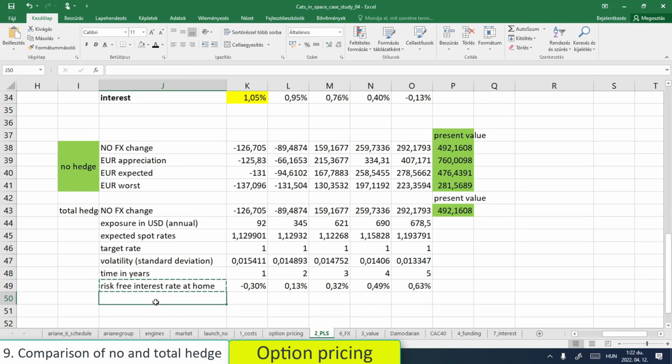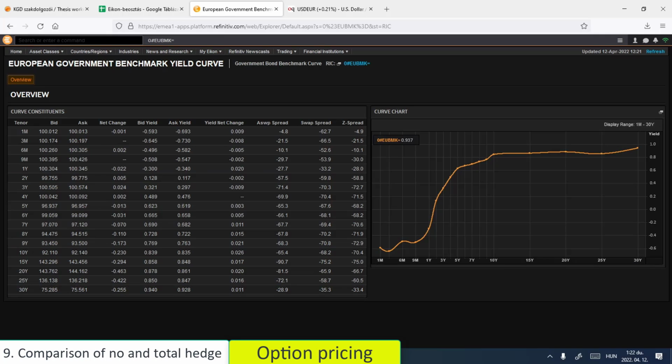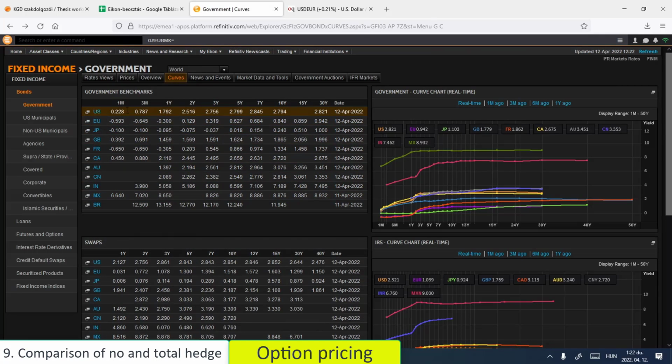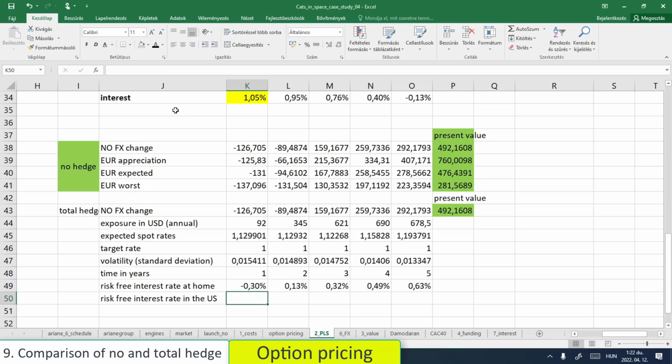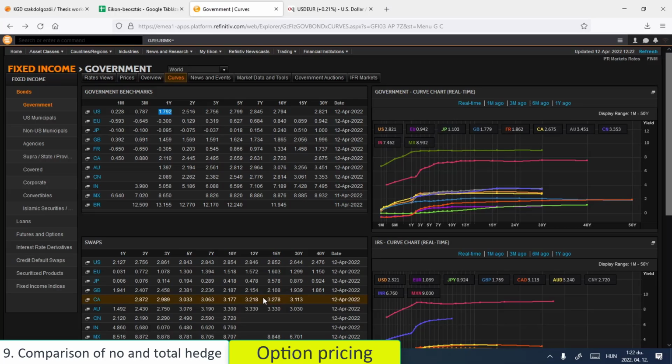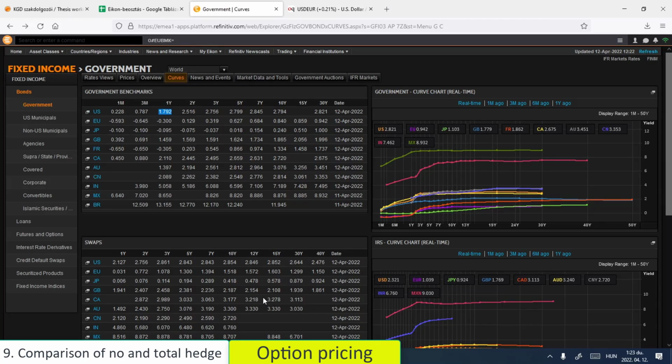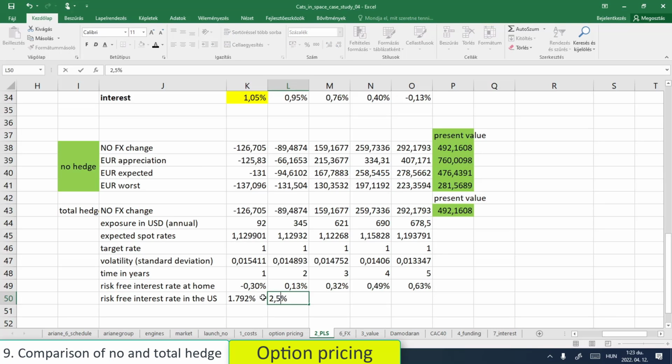Okay, and in the US we have to dig up the same thing. So it's also completely unrealistic, but at least it's a bit better. Okay. Half.